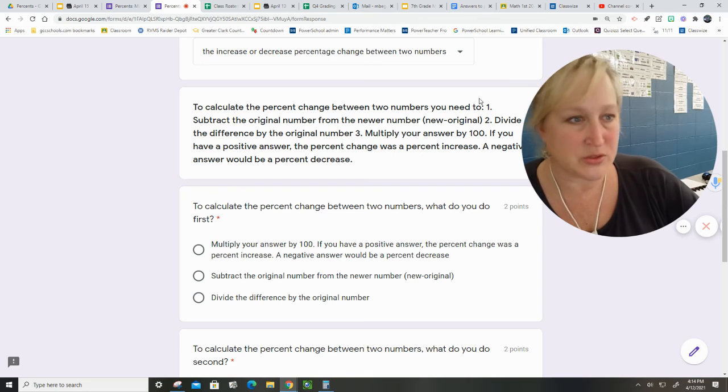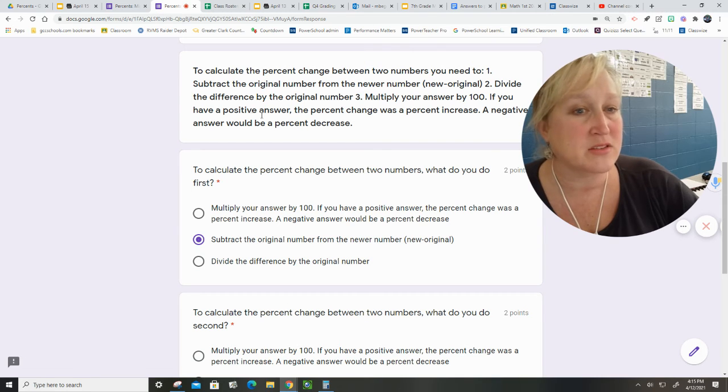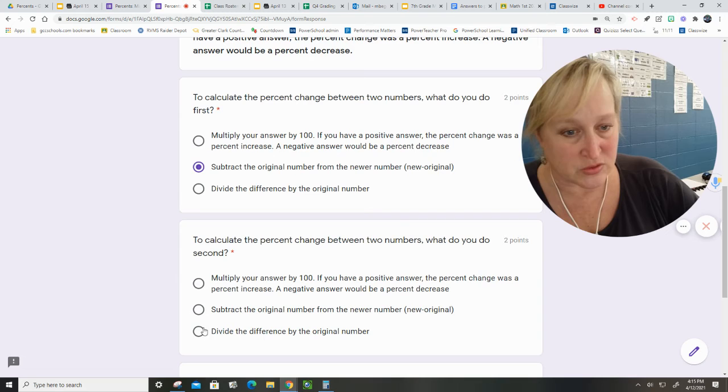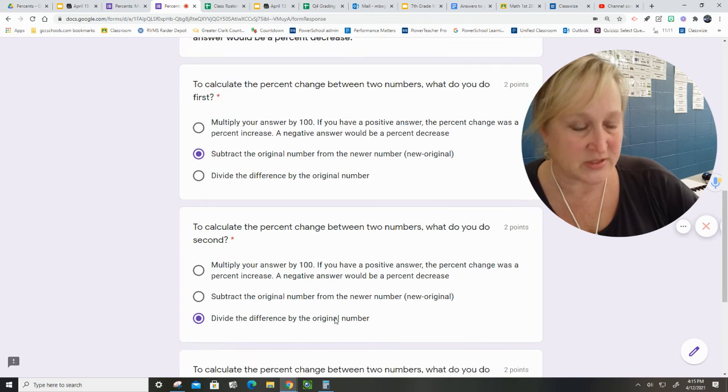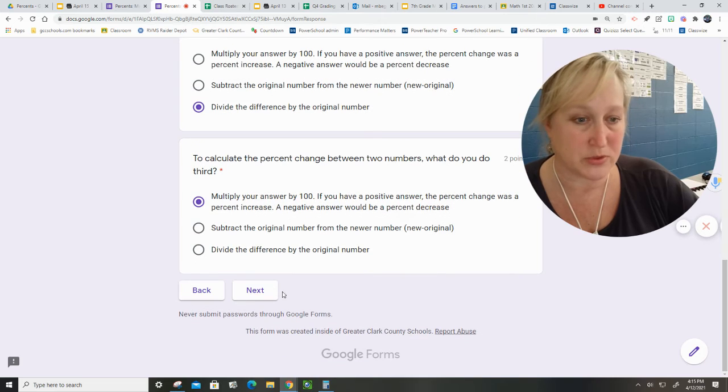What do you do first? Number one says subtract the original number from the newer number. Done. What do I do second? Number 2 says divide the difference. And then the last, you're going to multiply your answer by 100 to make it a percent.